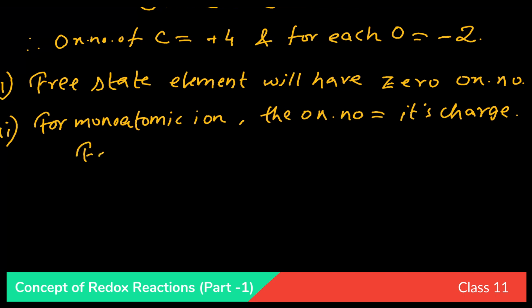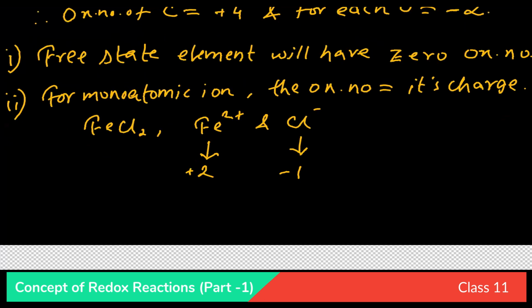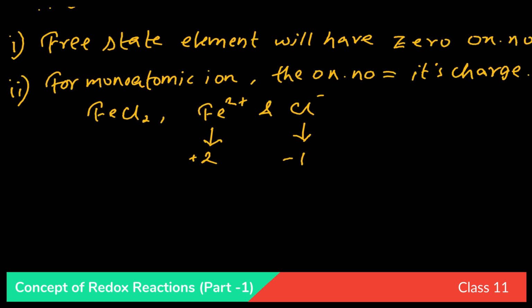For example, in FeCl2, ferrous chloride, iron and chlorine exist as Fe2+ and Cl- ions. We have seen this. So we can say that the oxidation number of iron is +2, and for chloride ion it is -1. That is, for chlorine the oxidation number is -1.